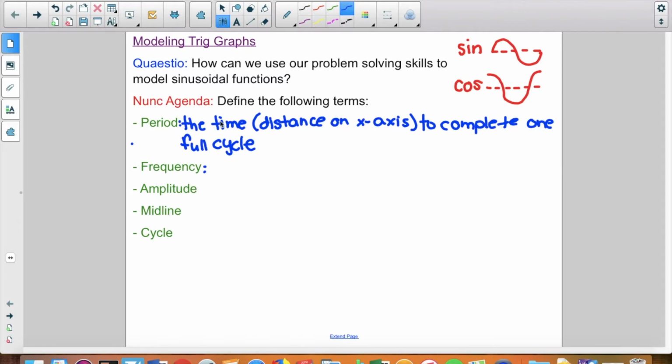Okay, so moving on. Frequency is the number of full cycles in a given interval.